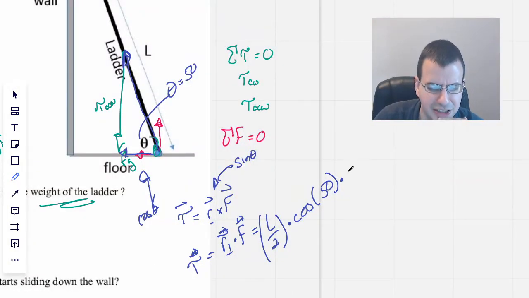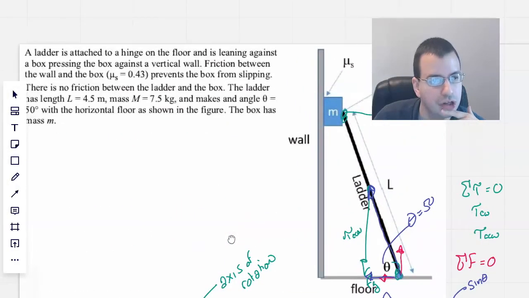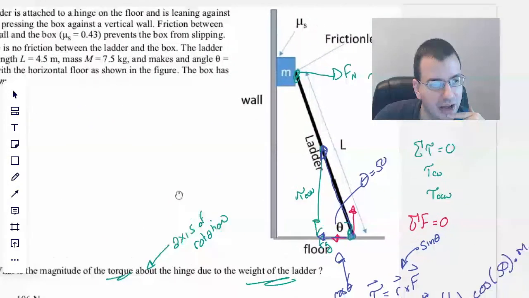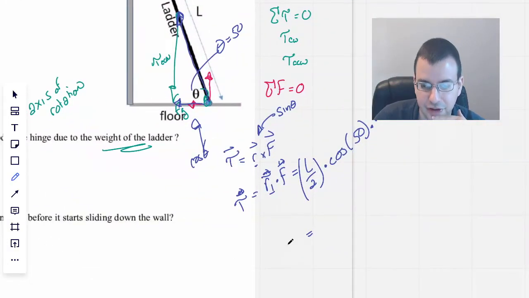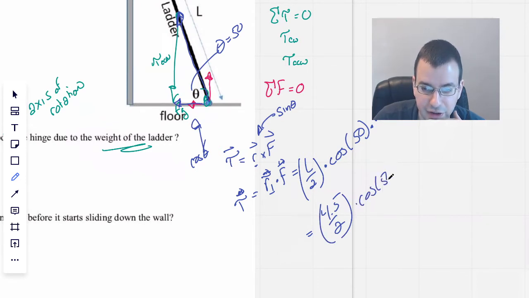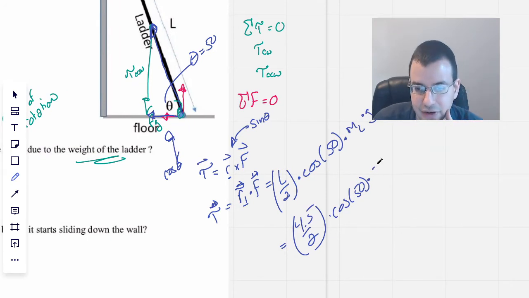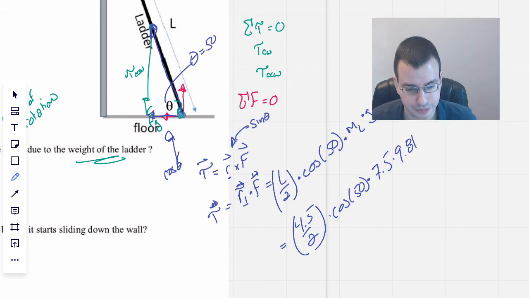So mass of the ladder times gravity, which is 4.5 and 7.5. So we have 4.5 over 2 times cosine of 50 times mass, which is 7.5, times gravity, which is 9.81.